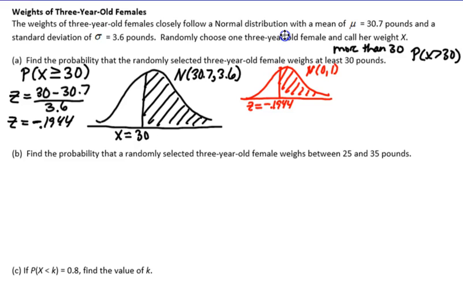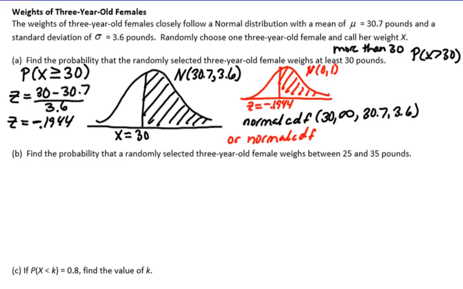Okay, now to find the area under the curve, we're going to use Normalcdf. So we could either use Normalcdf with 30 for our left, positive infinity for our right bound, 30.7 and 3.6, or we could use Normalcdf with negative 0.1944, comma infinity, comma 0, comma 1.